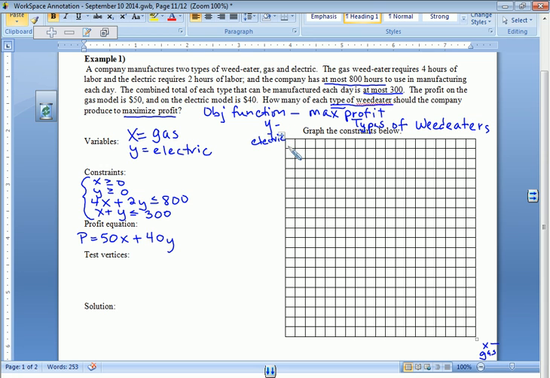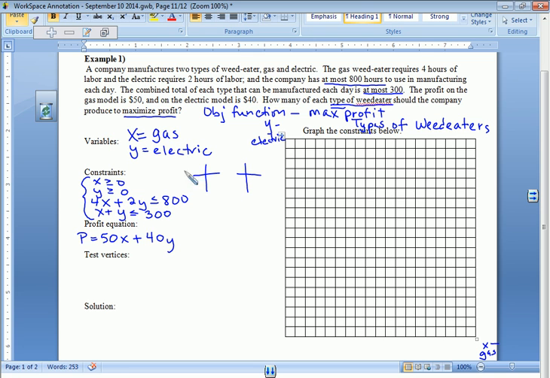And now I have to graph, but I'm not going to start graphing blindly. I need to determine what kind of scale to use on my axis. What do I want to count by? And the easiest way for me to do that is to find the x and y intercepts, because that'll give me the largest x and the largest y I need.